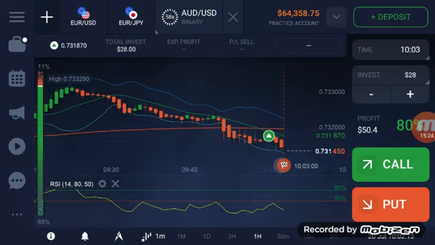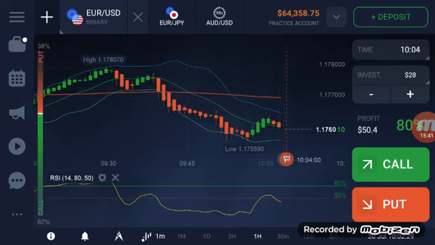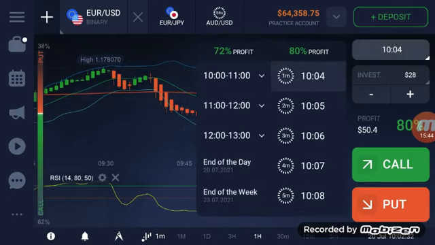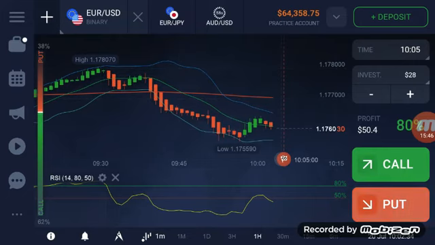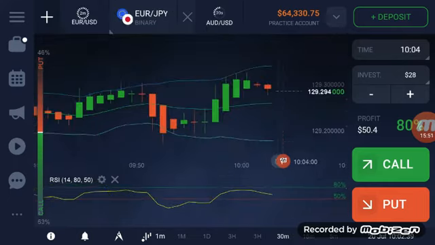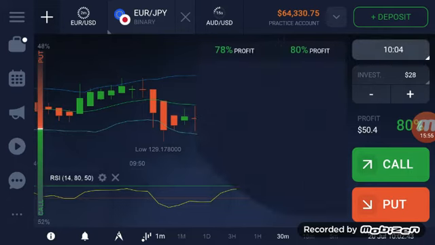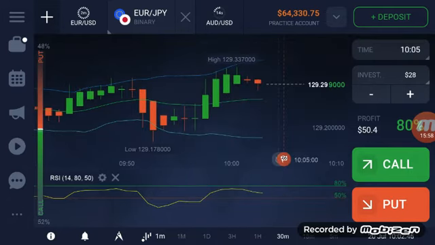Trend never changed. Going with another put trade here, and another put trade here.